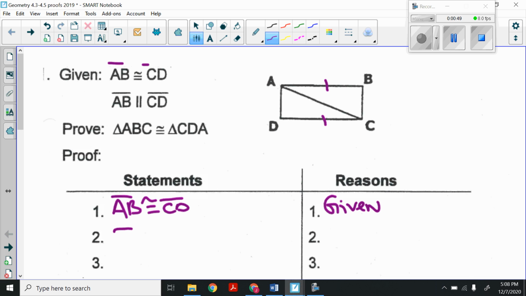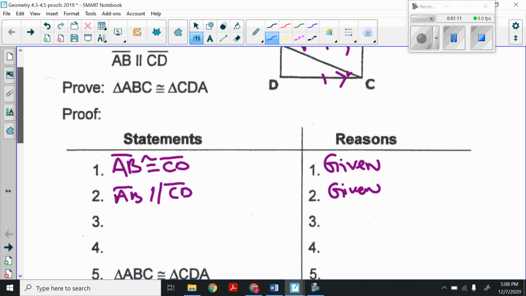Number 2, AB parallel to CD. Again, given. So that means I have arrows. So then, because of parallel, then I know alternate interior angles. So I know that this angle and this angle are the same. So that's going to be my next statement.